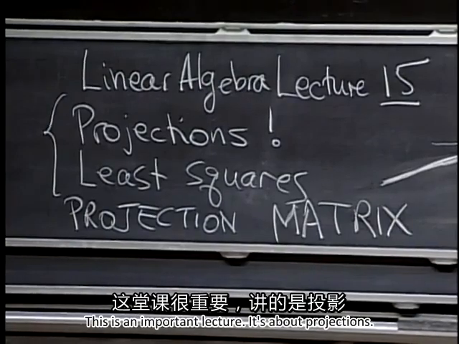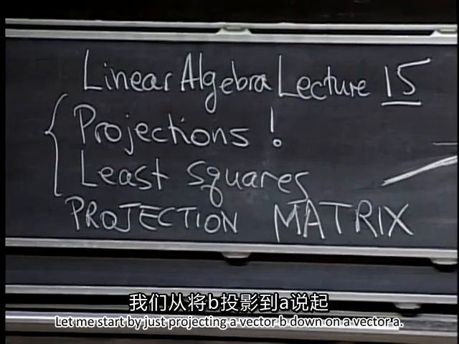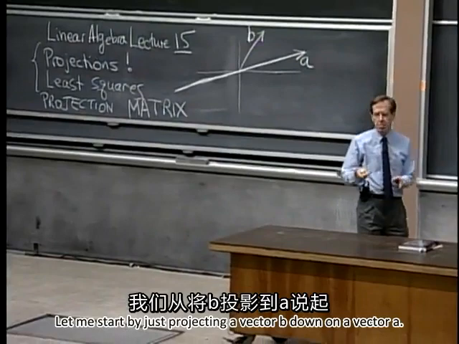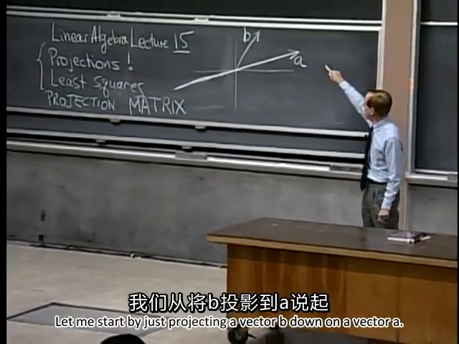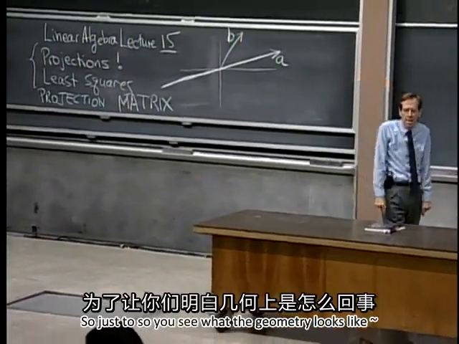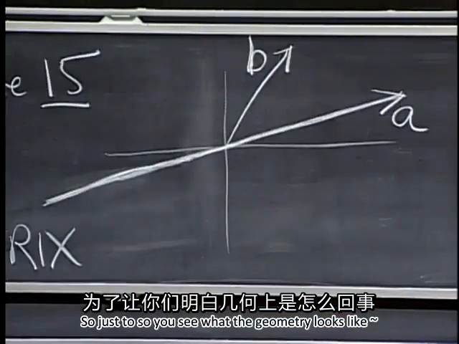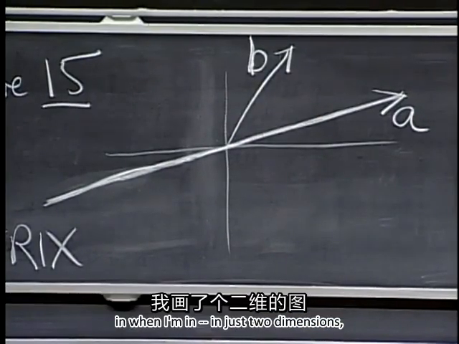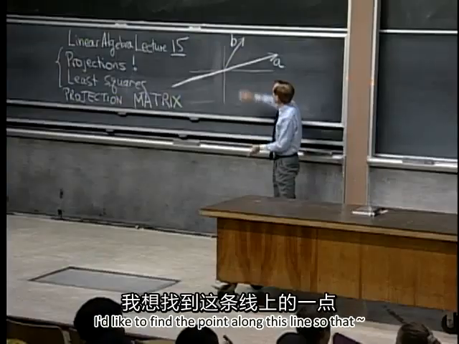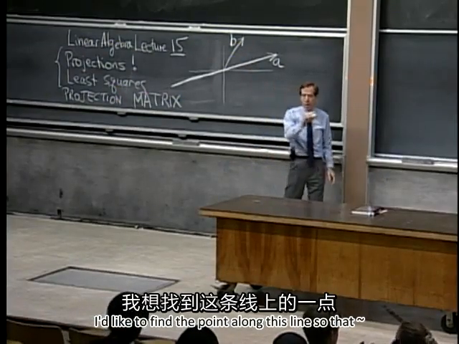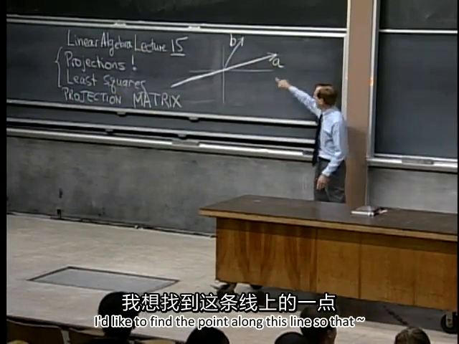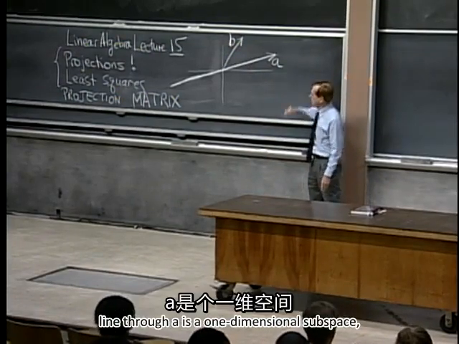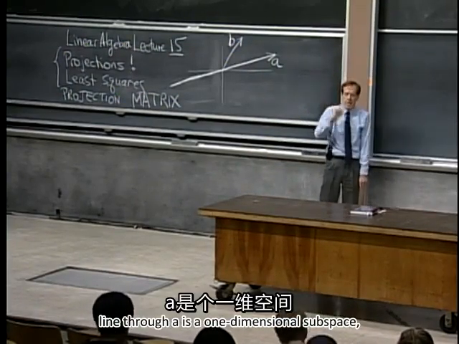It's about projection. And let me start by just projecting a vector B down on a vector A. So you see what the geometry looks like when I'm in just 2 dimensions. I'd like to find the point along this line. So that line through A is a 1-dimensional subspace.